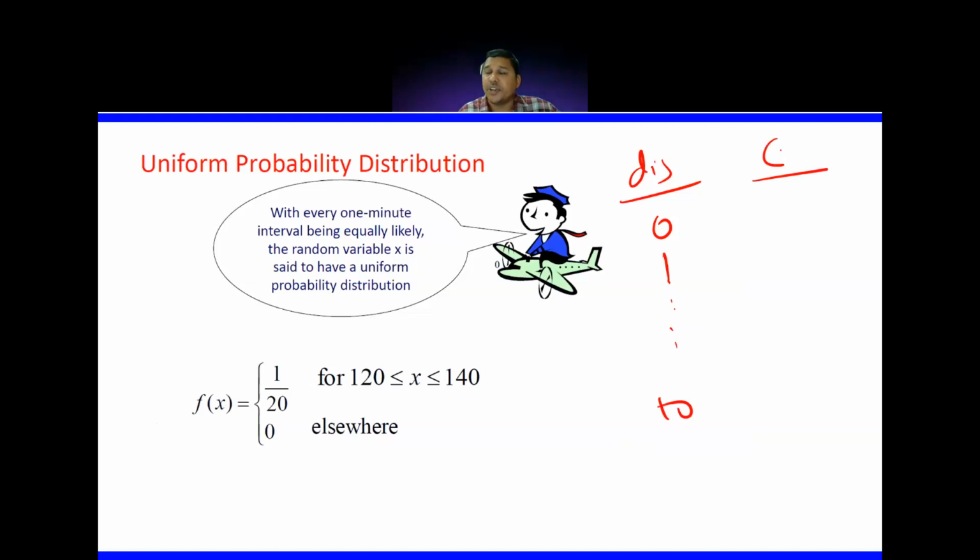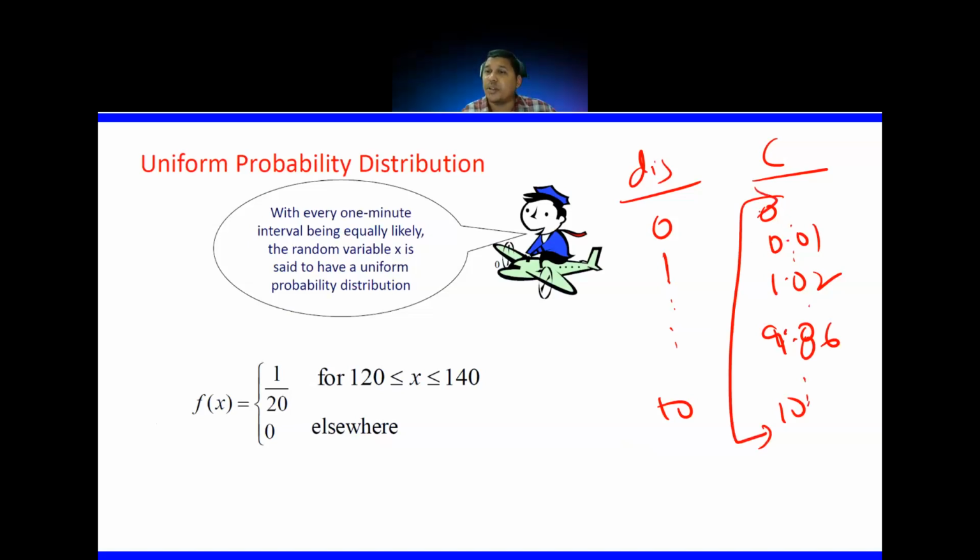Continuous says it is something between 0 to 10, but I have an infinite number of values in between, like 0, 0.01, 1.02, 9.86. In this range of continuous infinite values, I am making partitions inside it.